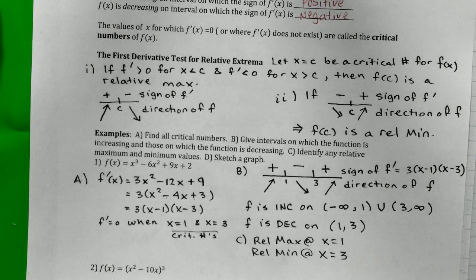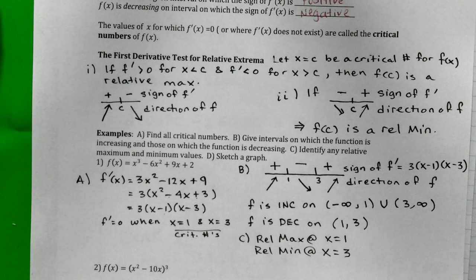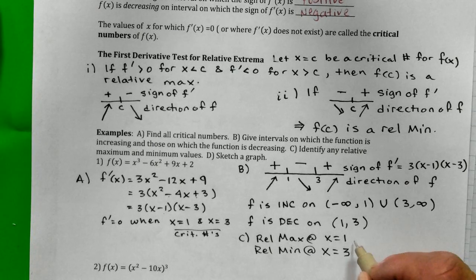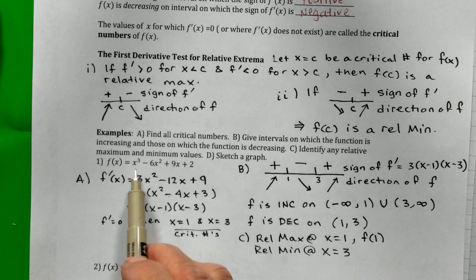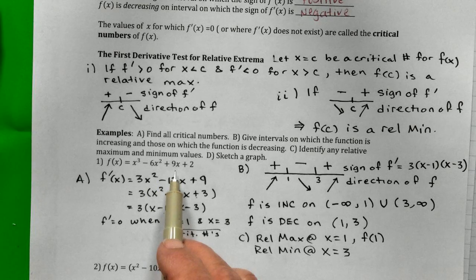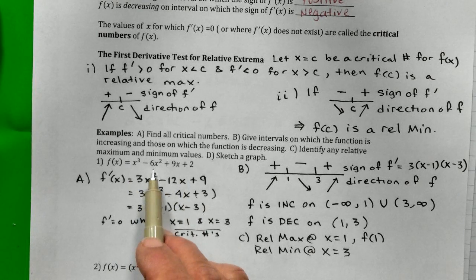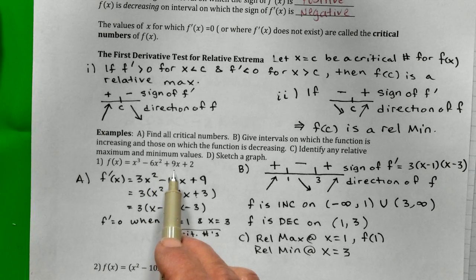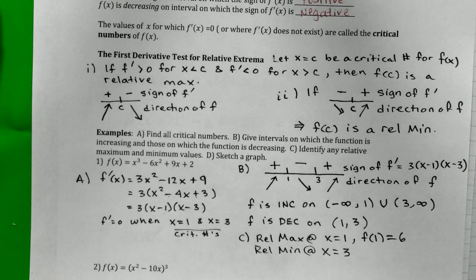In part D, we're going to sketch the graph, so let's go ahead and plot those two values into the original function. F of 1 is 1 cubed minus 6 times 1 squared plus 9 times 1 plus 2. So it's 1 minus 6 is a negative 5, plus 9 is a positive 4, plus 2 is 6.